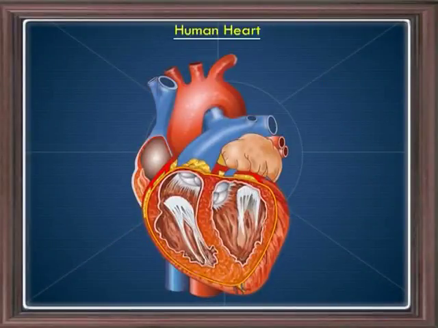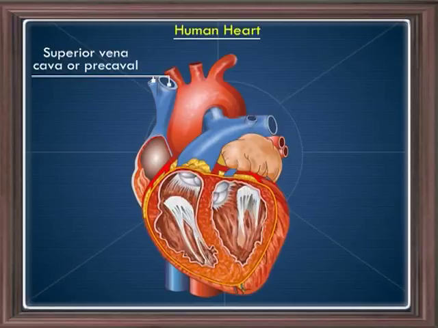What are the blood vessels that enter the heart? 2 large veins and 4 pulmonary veins enter the heart. The 2 large veins are the superior vena cava or precaval and inferior vena cava or postcaval veins.